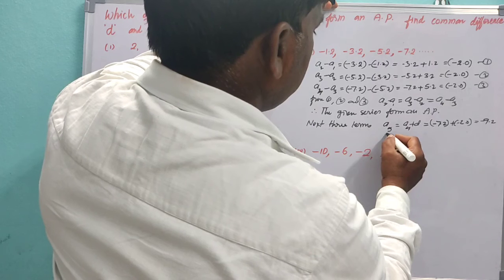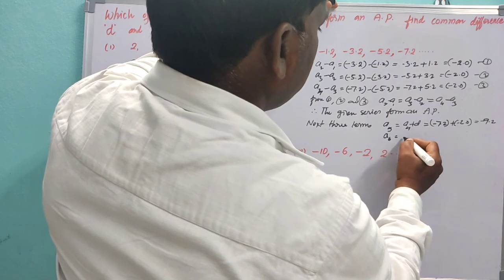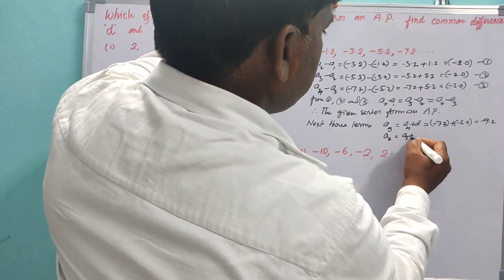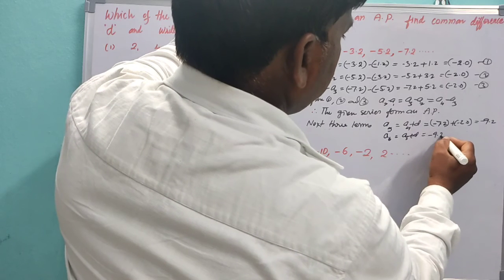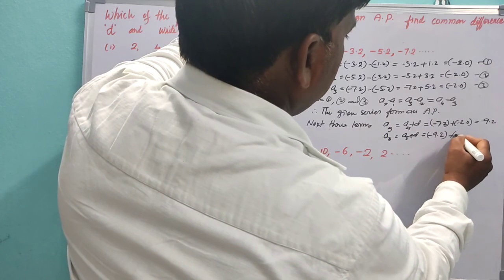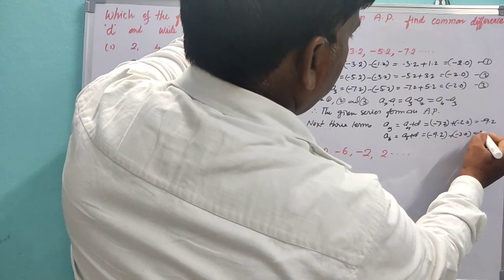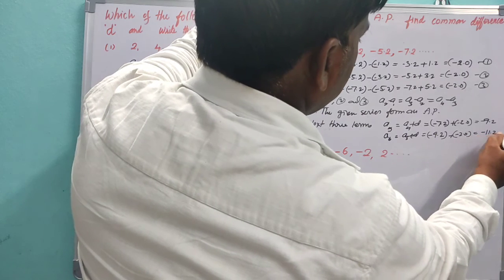And the sixth term is equal to the fifth term plus the common difference. So what is the fifth term? Minus 9.2 plus the common difference minus 2.0, which is equal to minus 11.2.